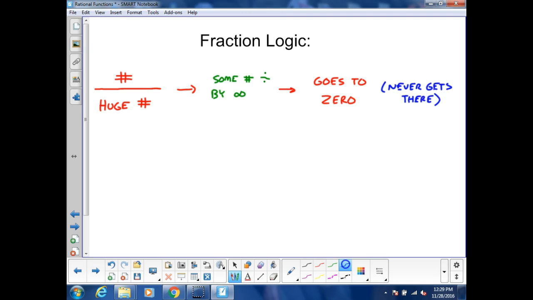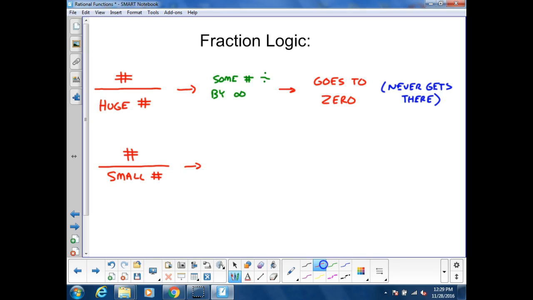Okay? So if you take a number and you divide it by a ginormously bigger number, it's going to go to 0. Okay? Let's flip that around. Let's take some number and divide it by a ginormously small number. Okay?